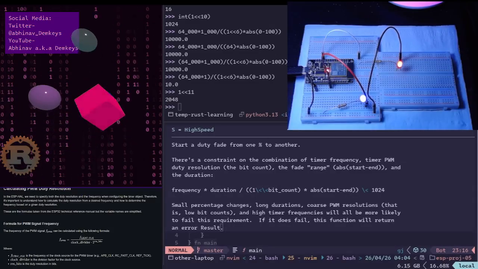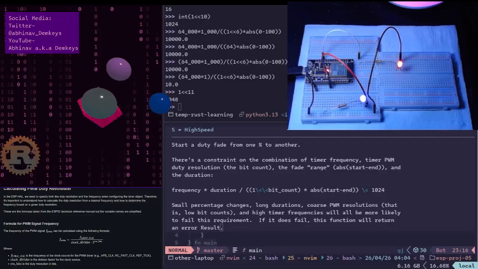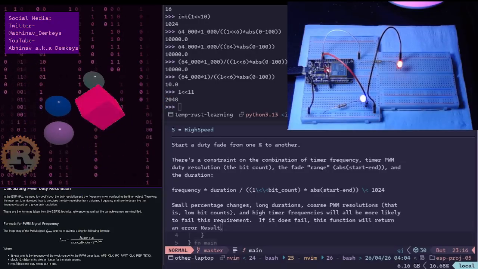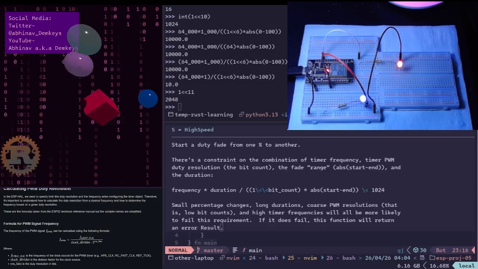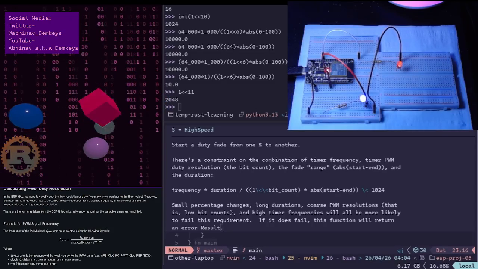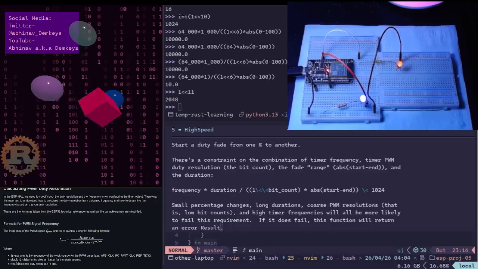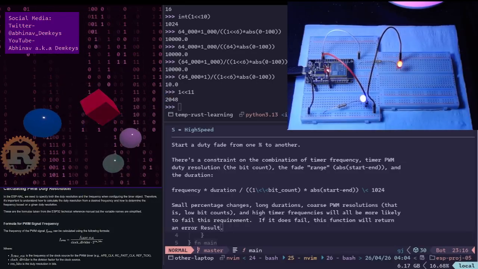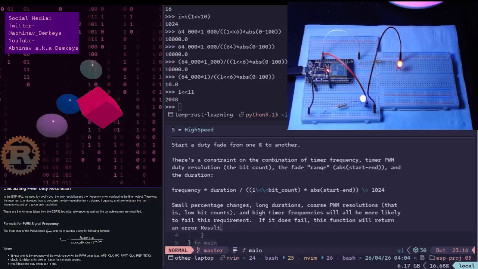Essentially, the hardware needs to decide how many timer cycles to wait before it increments or decrements the duty cycle by one step. How many timer cycles it needs to wait before incrementing the duty cycle by one step.